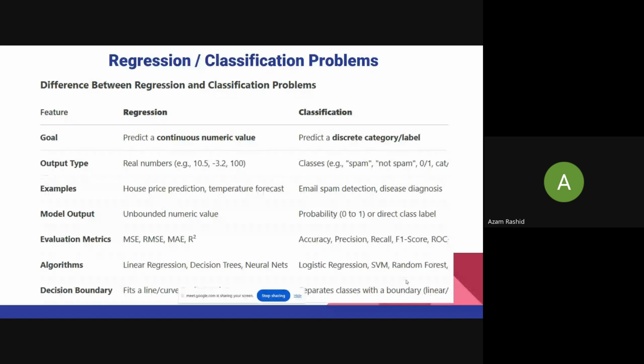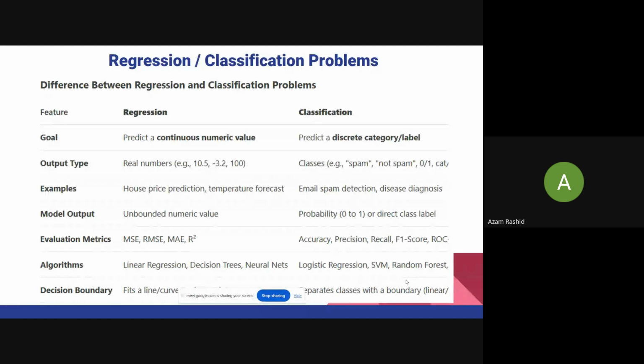And in classification, we have basically four major evaluation metrics. First is the accuracy of the model, second is precision, third is recall, also called sensitivity, and fourth is the F1 score.